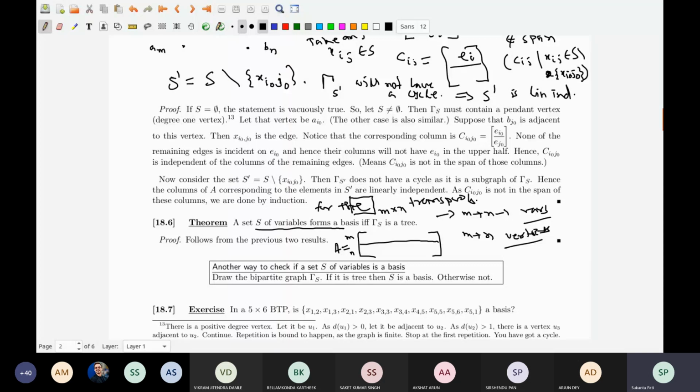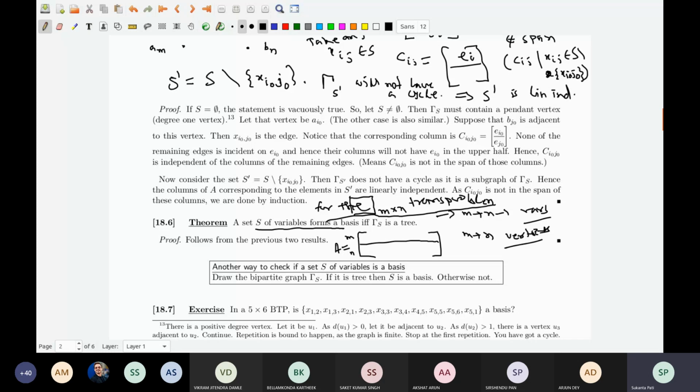So basically, this is my understanding. When I am writing M by N, I am keeping in mind that M stands for the number of vertices on the left side and N for the number of vertices on the right-hand side. That is, M is the number of sources and N is the number of sinks. And if you have to have a set of variables to form a basis, in fact, because of the rank of A, that is the first result, we proved that the rank of A is M plus N minus 1.